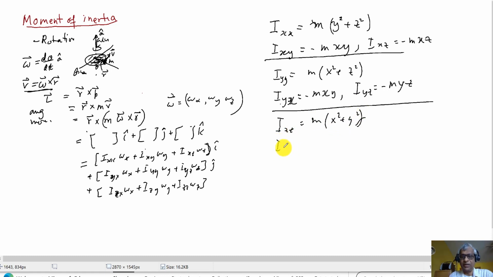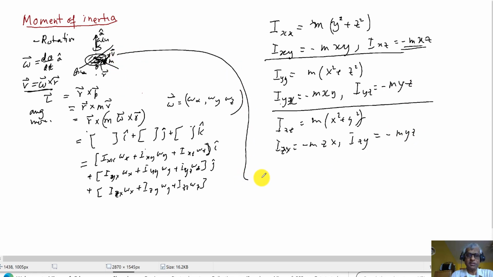I zx will be just minus m z x, which is the same as that, and I zy equals the same as I yz. Okay.